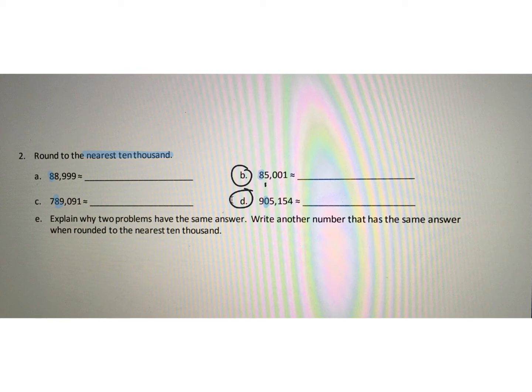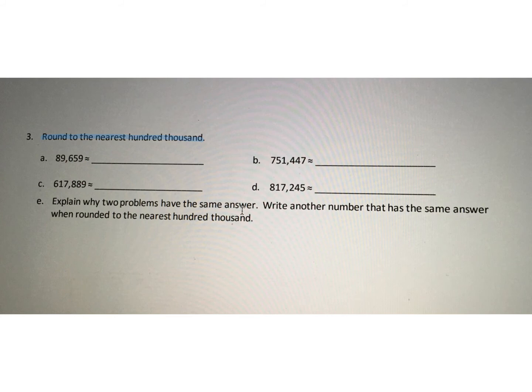So I'm going to round up to 90,000 here. Okay. And then if I look here at 900,000, and then I have a 5 and I have a little bit over 5, so I'm going to round to 900,000. Okay, so you see if you can do A and C and see if you can explain like we did above. Okay, here on number 3, we're going to round to the nearest 100,000.